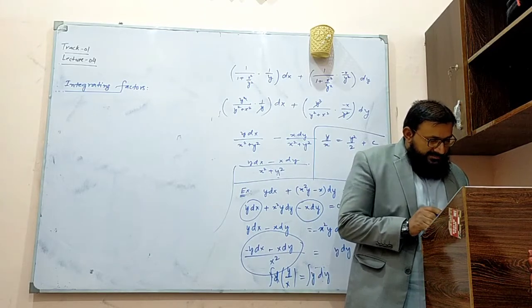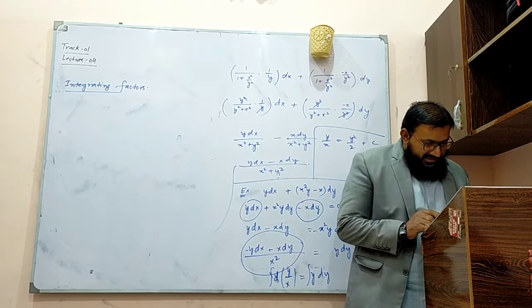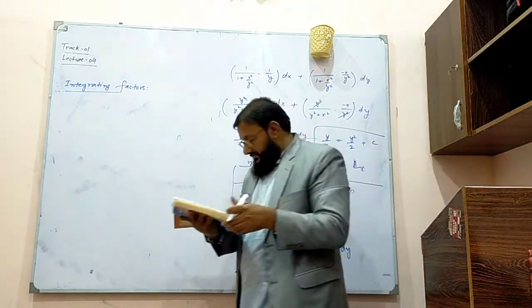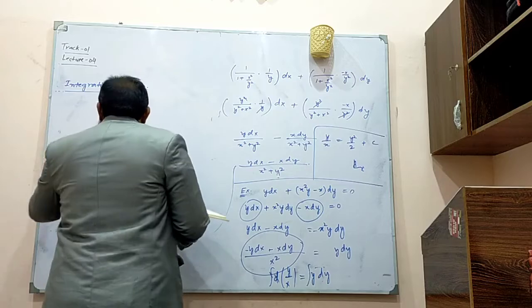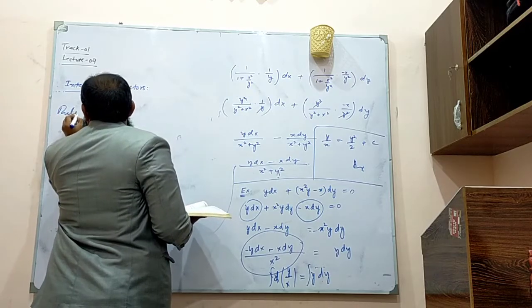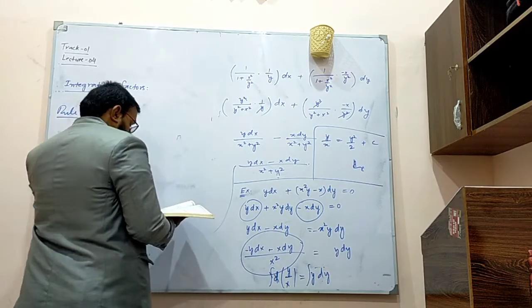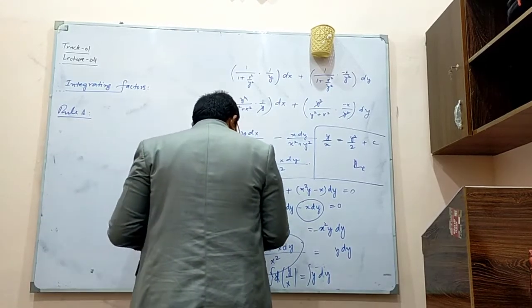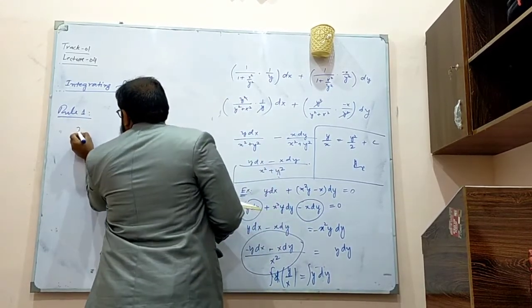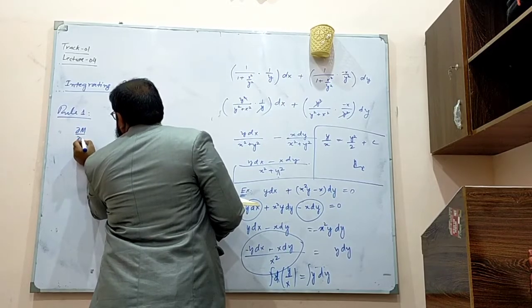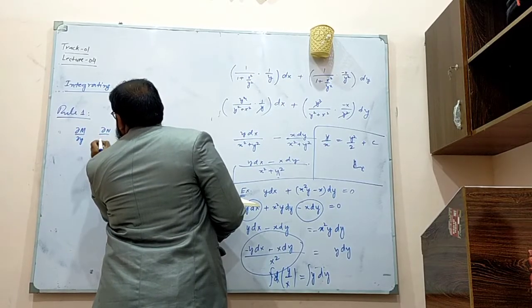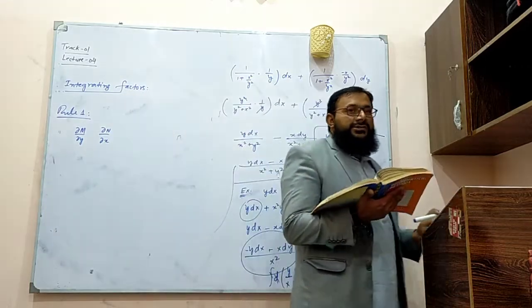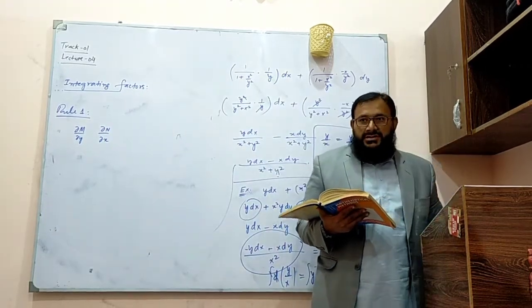Now let me write some rules for integrating factors. Rule 1: you have the same differential equation, and partial m by partial y and partial n by partial x are not equal. If they are not equal, the equation is not exact.